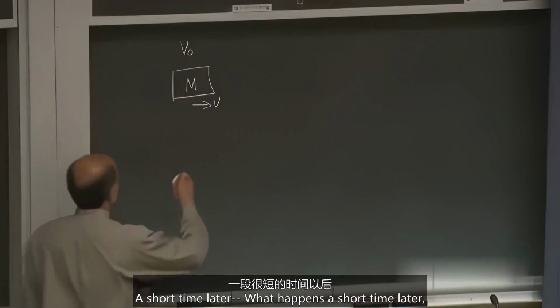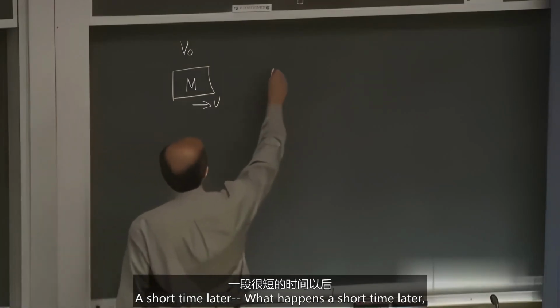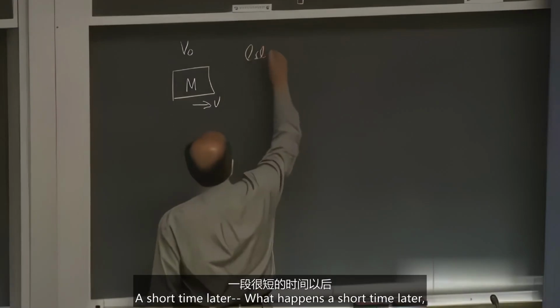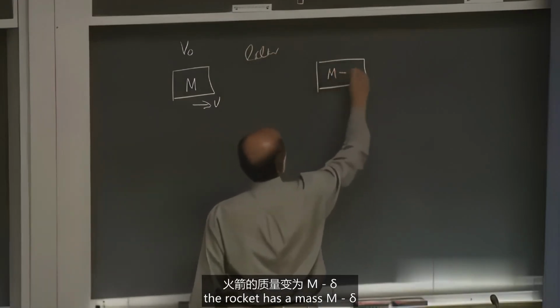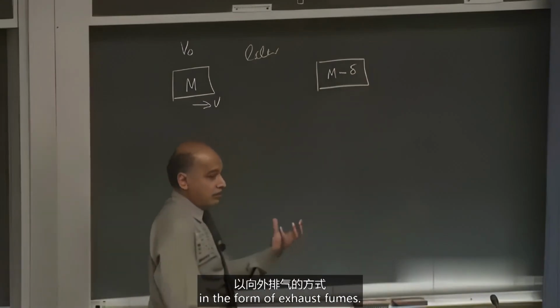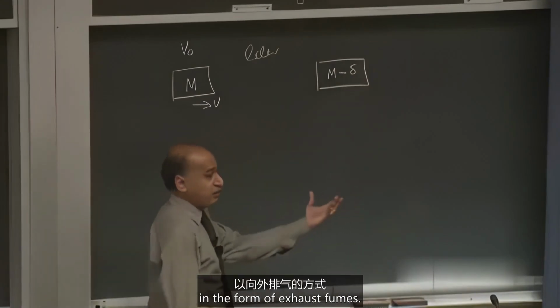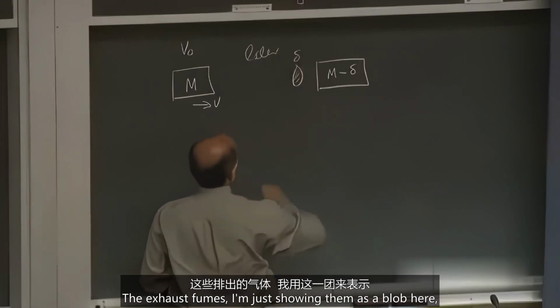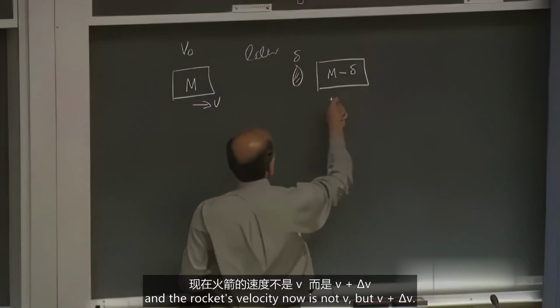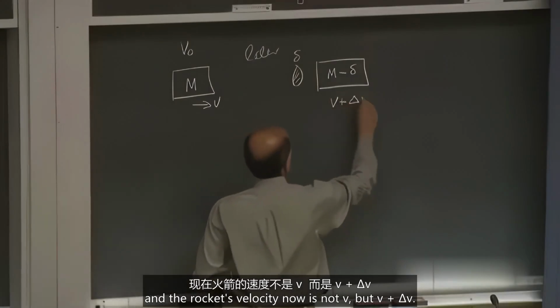A short time later, what happens? The rocket has a mass m minus delta m because it's lost some of its own body mass in the form of exhaust fumes. The exhaust fumes, I'm just showing them as a blob here, and the rocket's velocity now is not v, but v plus delta v.